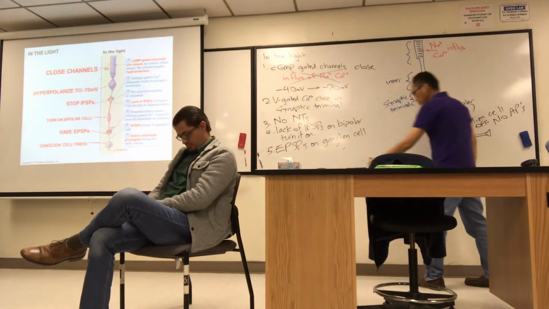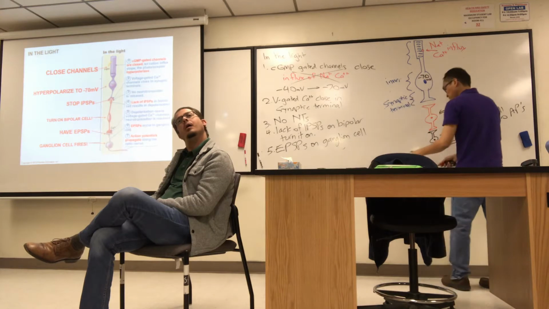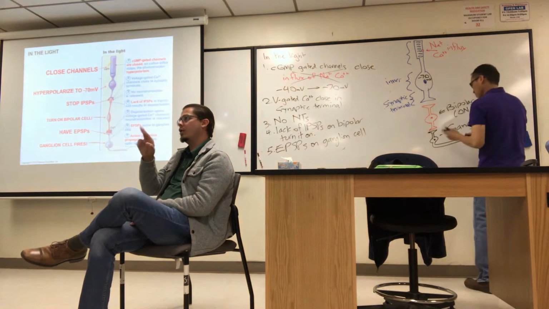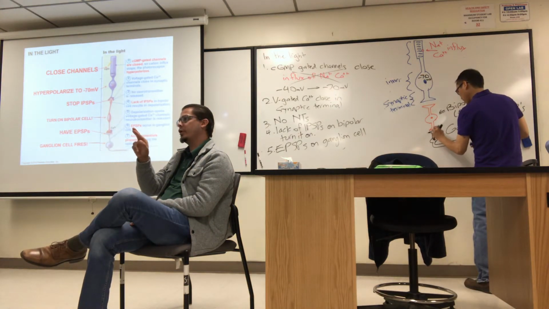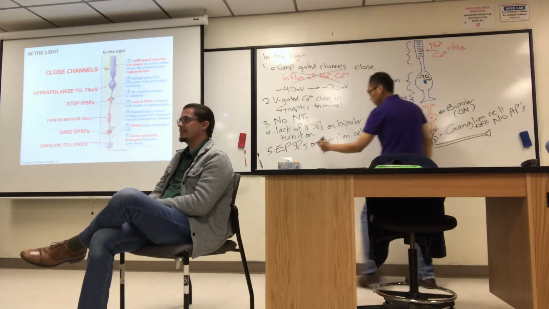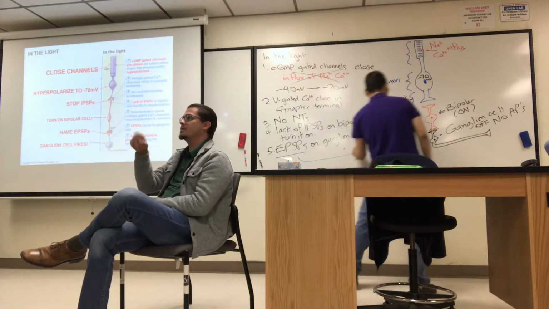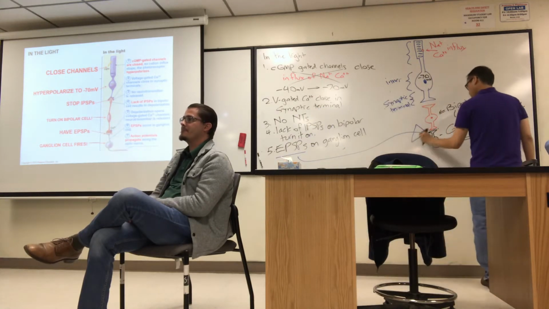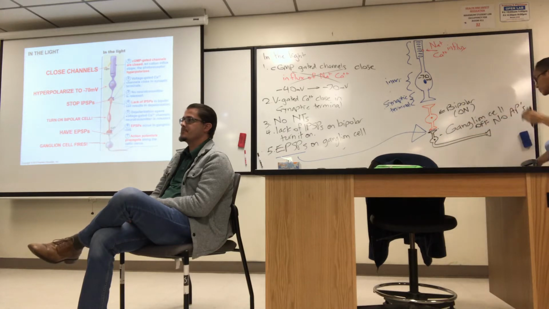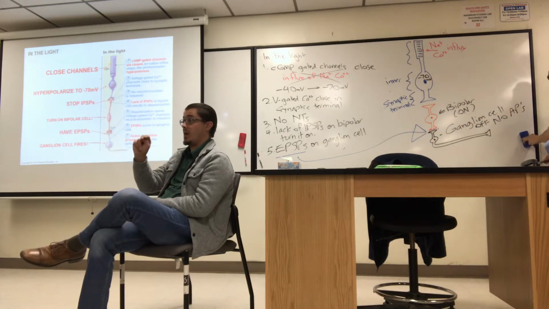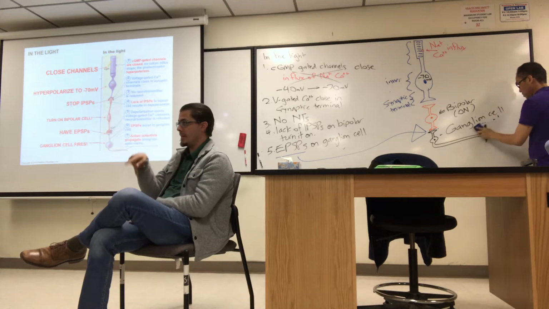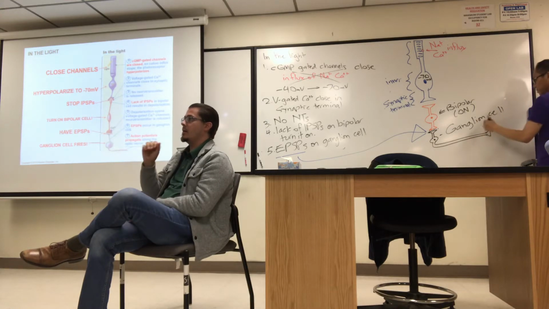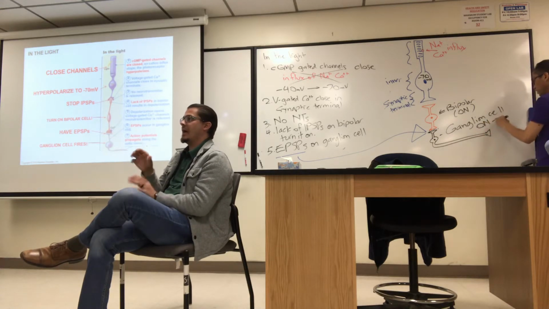So I'll draw neurotransmitters in the synapse there, EPSPs. So when you do that, the ganglion cell is now on, and you got APs, action potentials. Ganglion cell on, get action potentials.